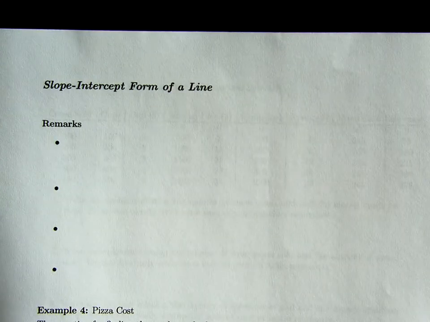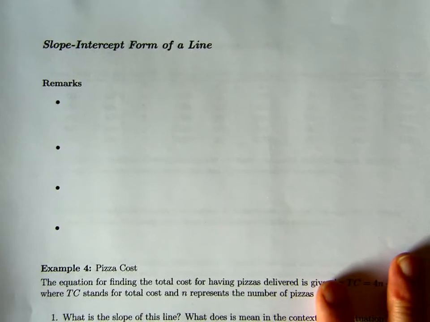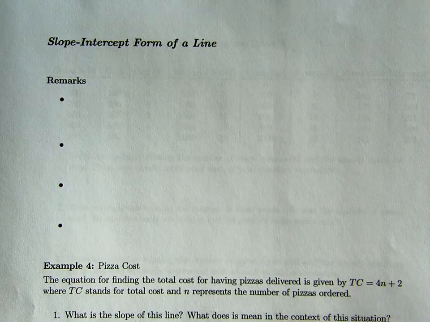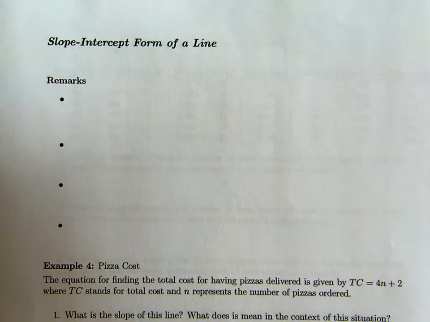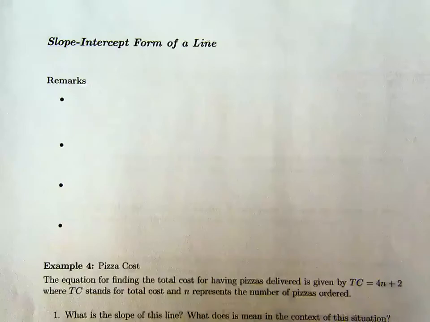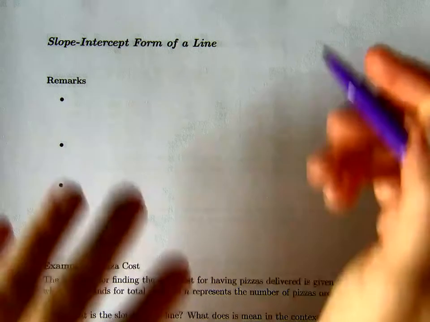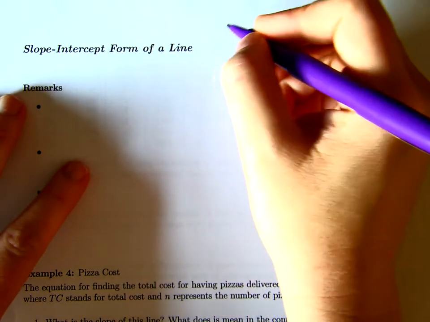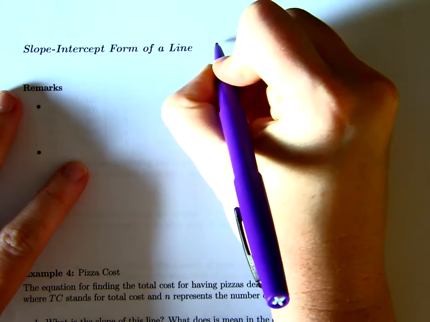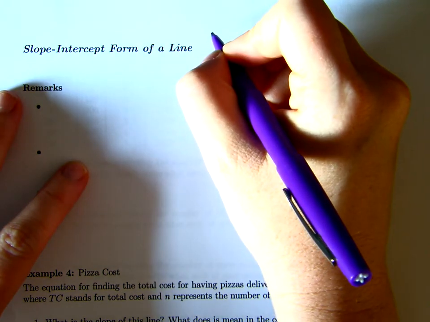Let's make some remarks about this. Because hopefully by now you're picking up on a pattern where the slope-intercept form of a line, to me, looks like this. Let's write it like this.